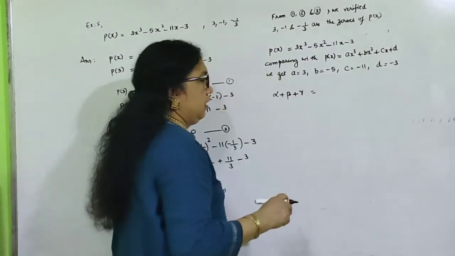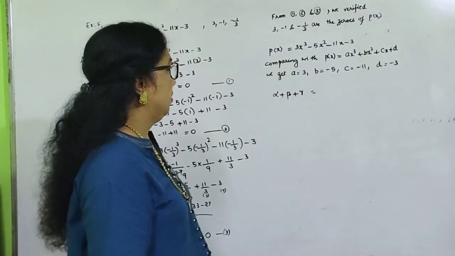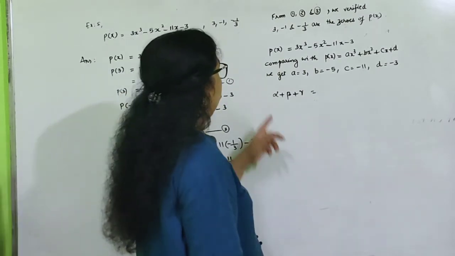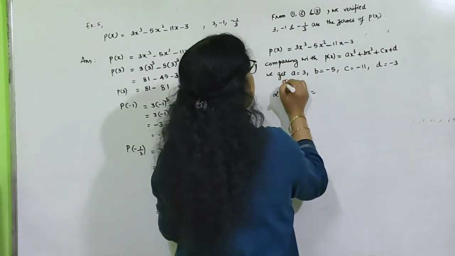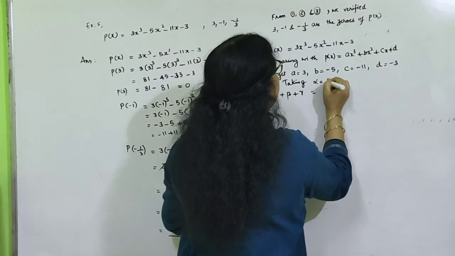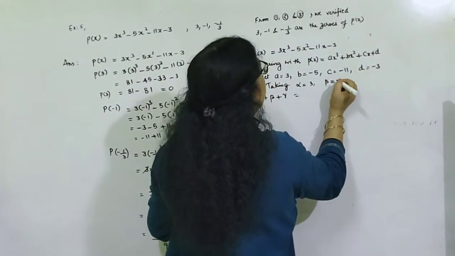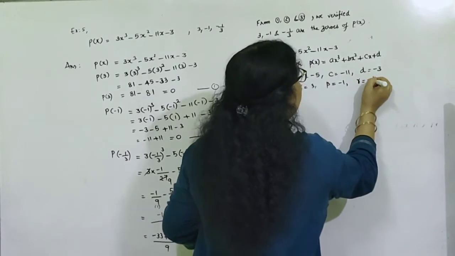I am writing the notation only. Alpha plus beta plus gamma. Taking the zeros alpha 3, beta minus 1, gamma minus 1 by 3.